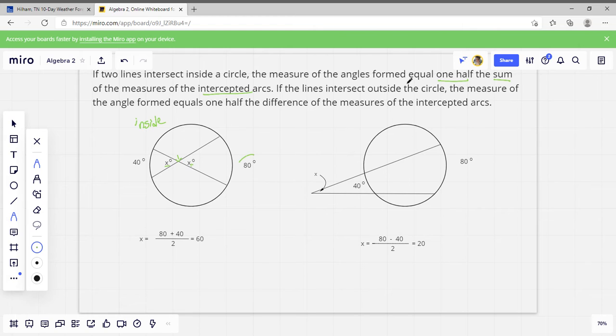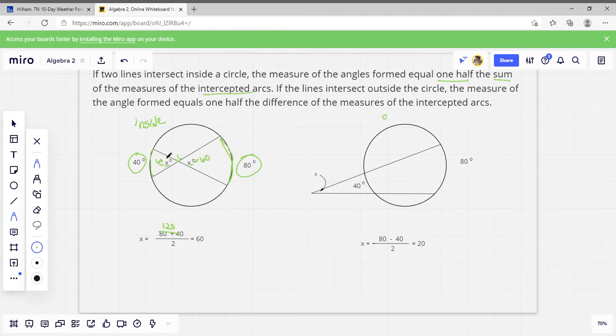So our intercepted arcs are 80 and 40. So right here and right here. And sum means we add them together. So we're going to add those two together. 8 and 4 is 12, so that's 120. And we're going to divide that by 2, and we get 60. So that means x equals 60 on both of these. So you add both of those together and then divide by 2.